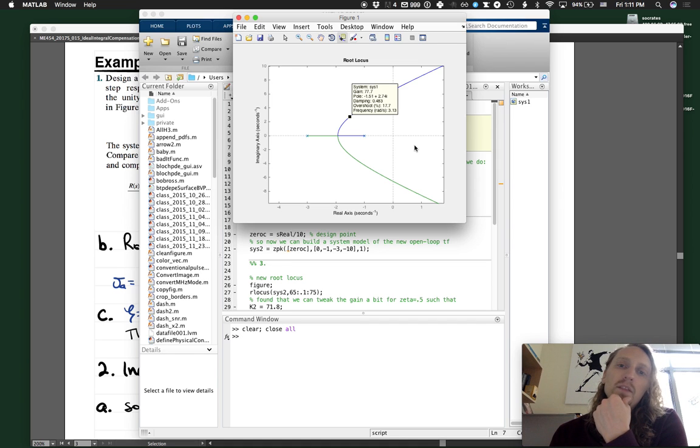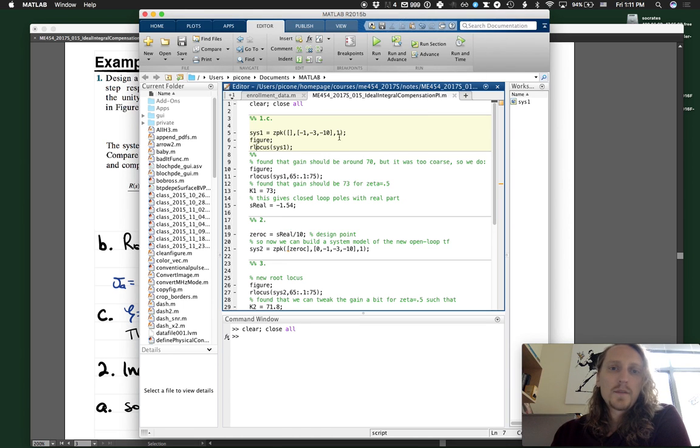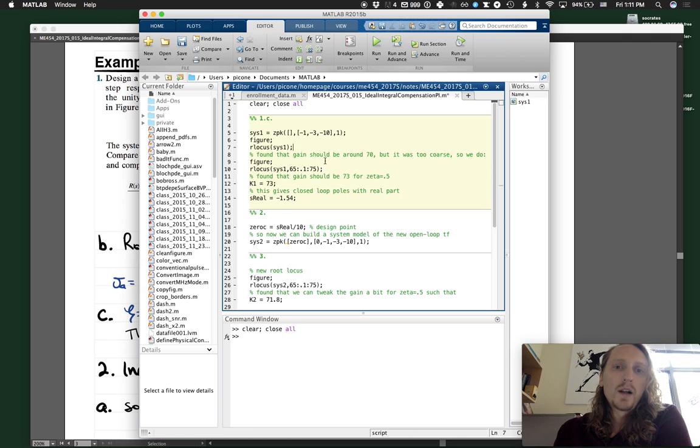So once we've done this graph and we've seen how close we can get, we can see, oh, it's in between these two, but we want to get more precise than that because MATLAB only plots a finite number of values. So let's close that. We know the gain's around 70, but it was too coarse. So what we do instead is we do the rlocus command again.